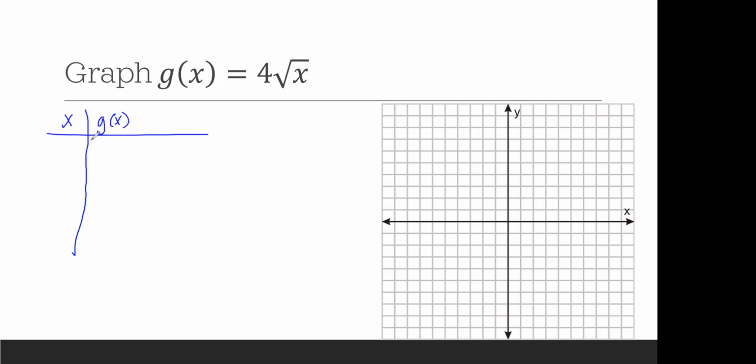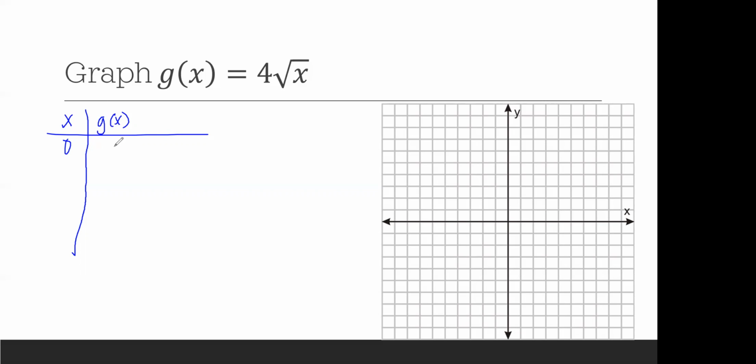Let's put in 0 for x. The reason we start at 0 is that x can't be negative, because you can't take the square root of a negative. Those are imaginary numbers, and we're not going to graph those.